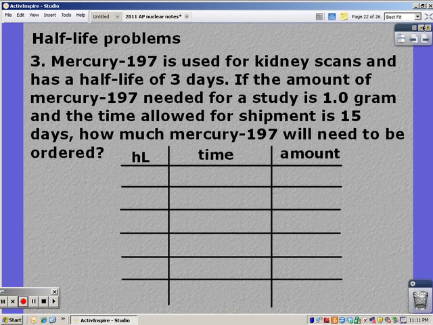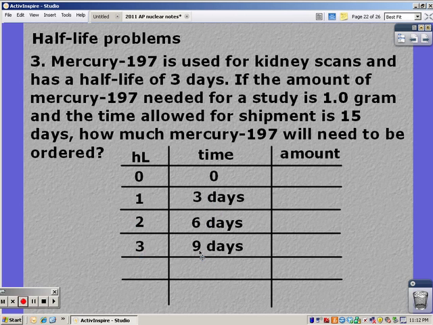Go ahead and pause the video and try this one on your own. So we started with 0 half-lives, 0 time, but we're trying to find out how much needs to be ordered. So that's our starting amount, so we don't know that. We do know after one half-life, 3 days have gone by because that's how long one half-life is.